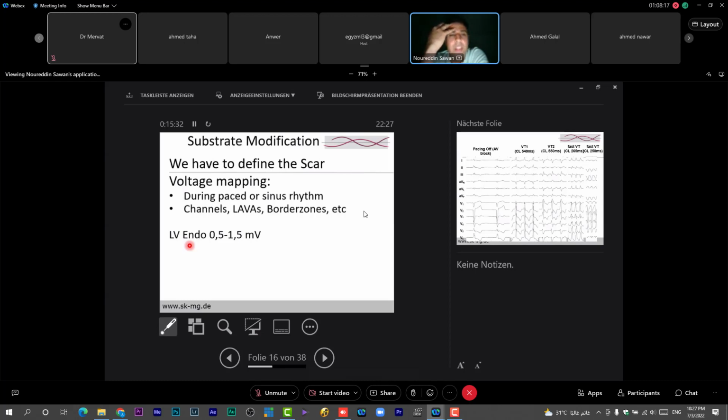So you may still have some zones with voltage of 2.0, for example, but they are very fractionated and they may still be problematic. Who knows? So these numbers are sometimes controversial, to be honest. Thank you, Dr. Nour.